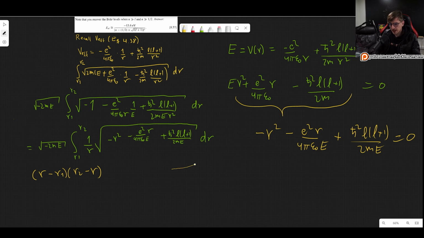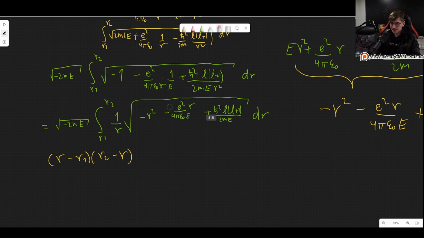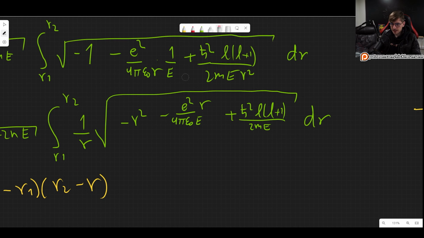Now, to actually find them, we need to, of course, solve the quadratic equation. But let's make the notation a little bit simpler. So what we can do is say, okay, let's define some constant a, which will be minus e squared over 4 pi epsilon 0 e. And why negative? Because this energy here is also negative, and that way we get something positive. Whenever you define a constant, it is better to make sure that it is positive.